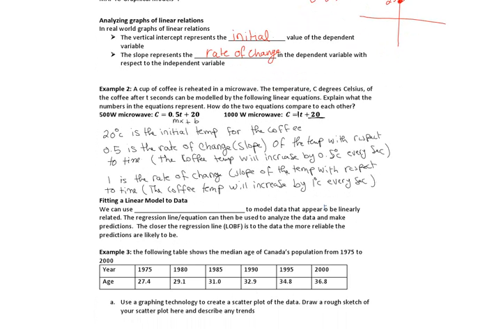Good. And the y-intercepts are the same, which is 20. So that means your initial temperature is 20 degrees. You're gonna put your coffee or your meat or whatever into that microwave, and you're gonna say that my initial temperature is 20 degrees.